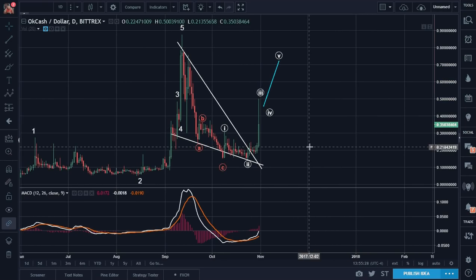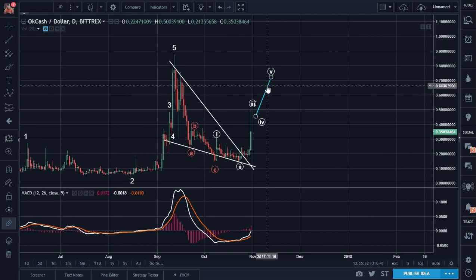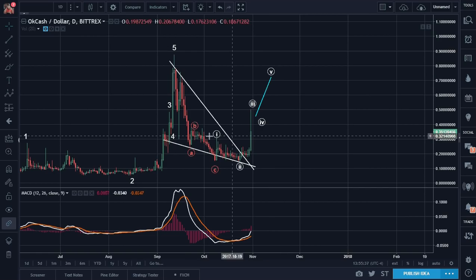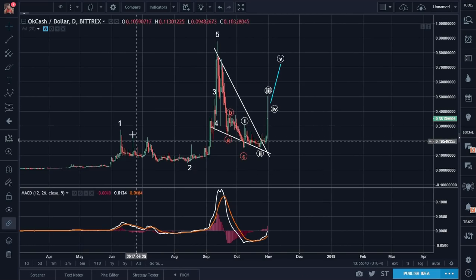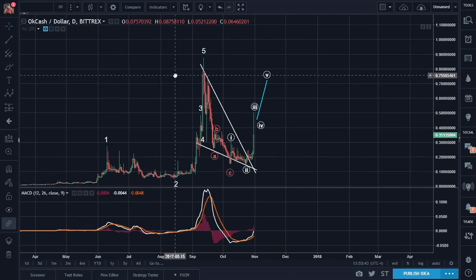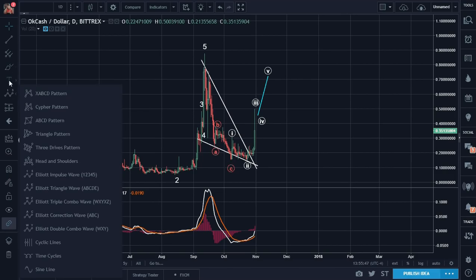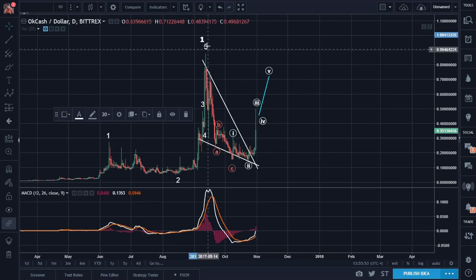Now bear in mind also, these 5 waves become subwaves to a higher degree of trend, wave 1.